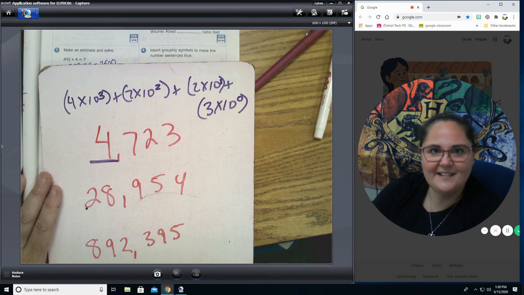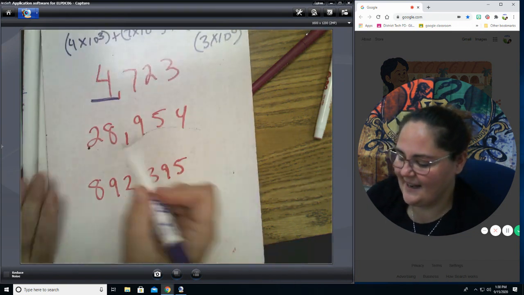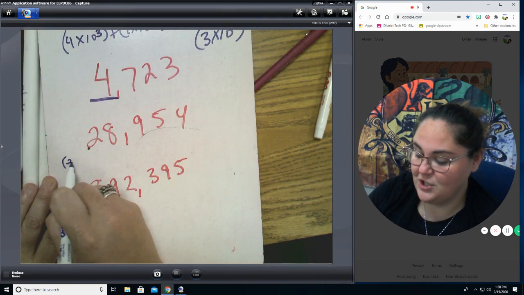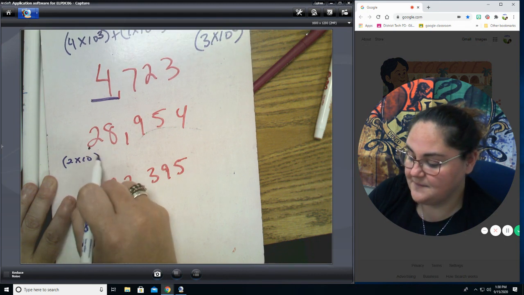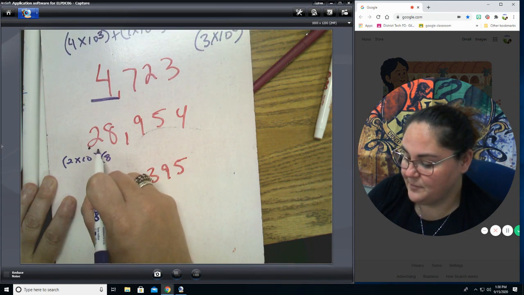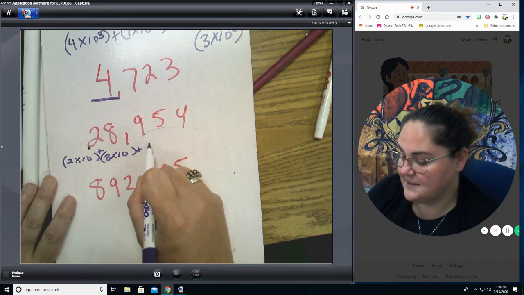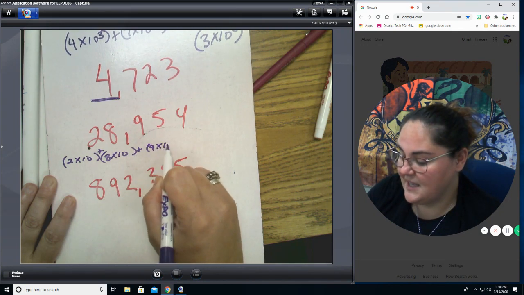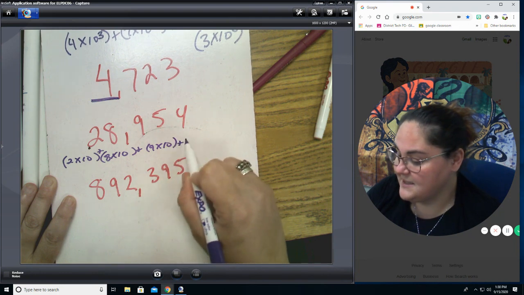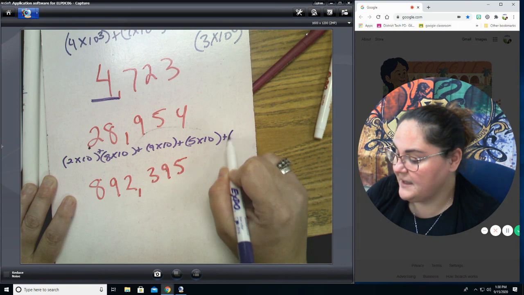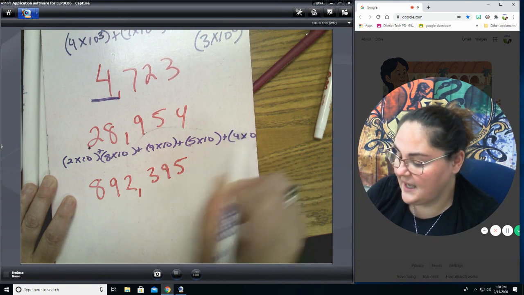Isn't that a good way? Isn't that cool? All right, let's try it again. Okay, a longer number. So parentheses, don't forget. 2 times 10 plus 8 times 10 plus 9 times 10 plus 5 times 10 plus 4 times 10.